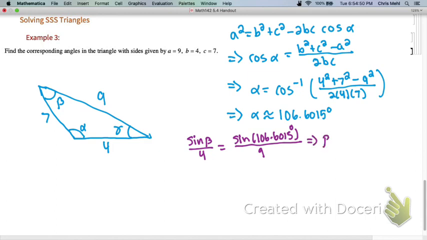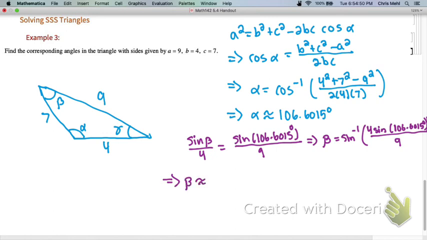Okay, solving for sine of beta first, multiplying both sides by 4, and then taking arc sine of both sides. Beta is sine inverse of 4 sine 106.6015 divided by 9.